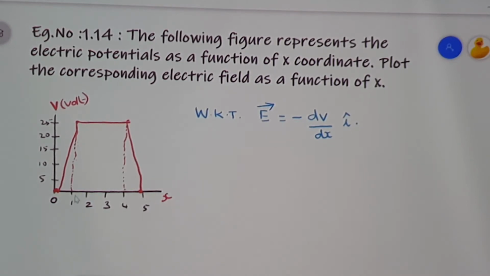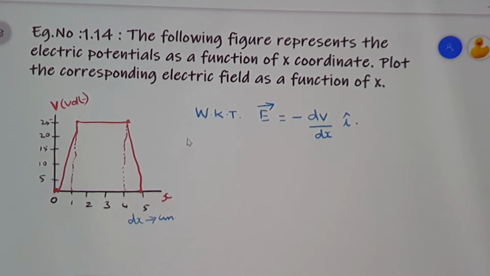Now let us consider this diagram. Along the x-axis the distance varies from 0 to 1 centimeter. This distance dx is given in centimeters. So the variation is 0 to 1 in distance, and at that time the potential varies from 0 to 25.